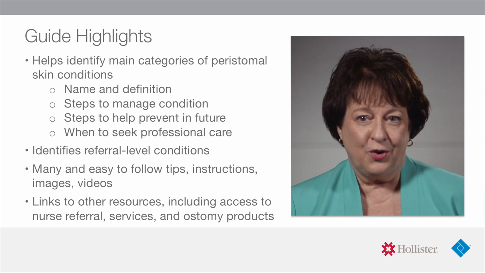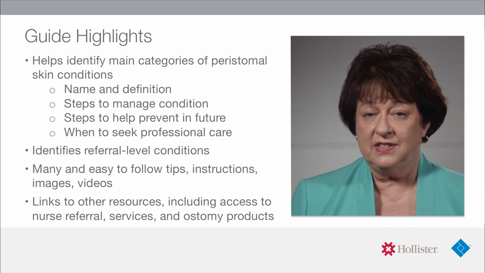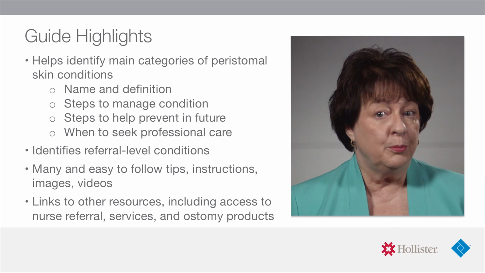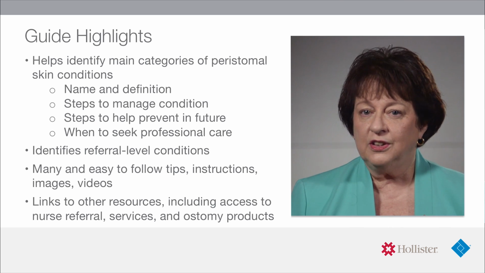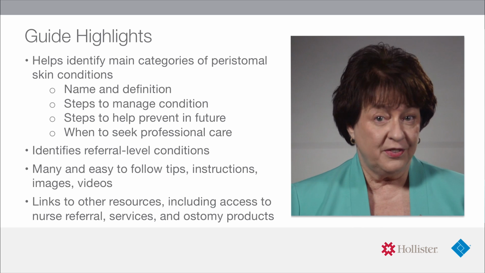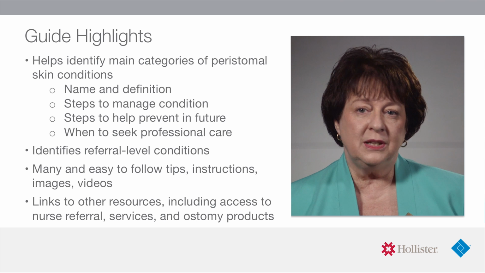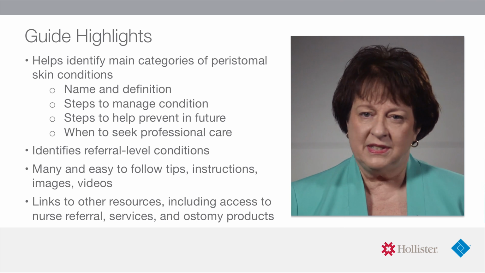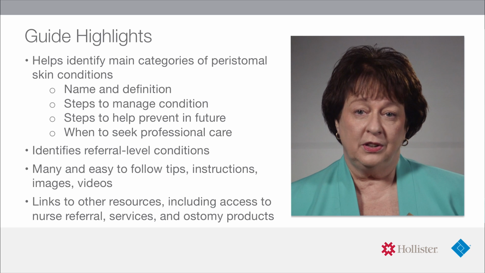For 3 of those categories, it provides a name and definition for more common conditions, steps to manage and help prevent them in the future, and when it might be appropriate to seek additional or elevated care from a healthcare professional. For the 4th category of potentially more serious or uncommon skin complications, the guide recognizes the need for referral.